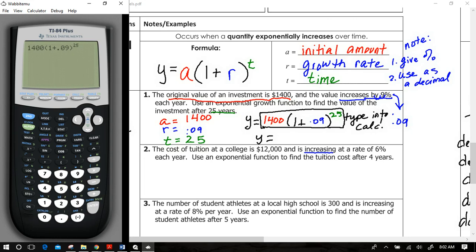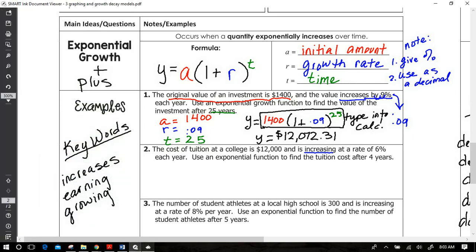Make sure that it looks the same as the way I wrote it and then hit enter. Okay, and then I just write down my answer. So this is a value. So I'm going to do a dollar sign of $12,072.31. And that's my final answer. That is how I do an exponential growth problem.